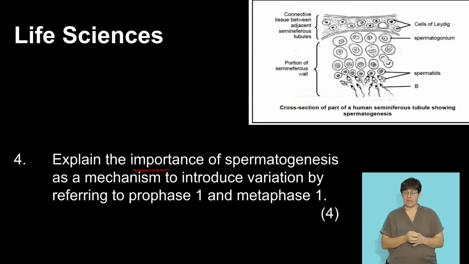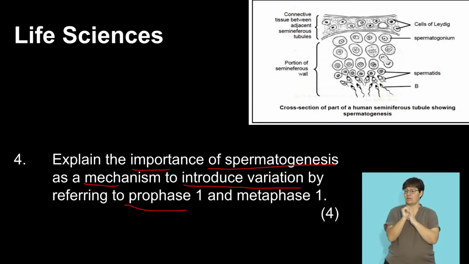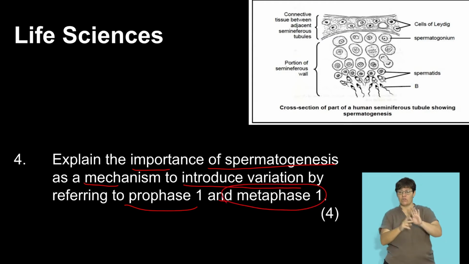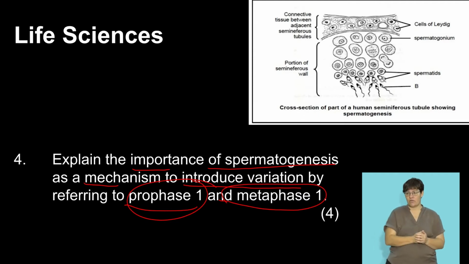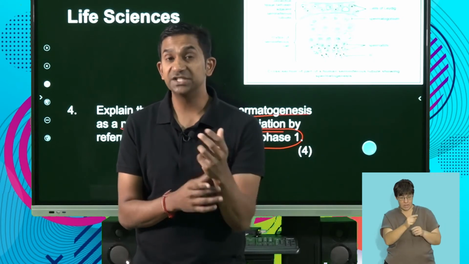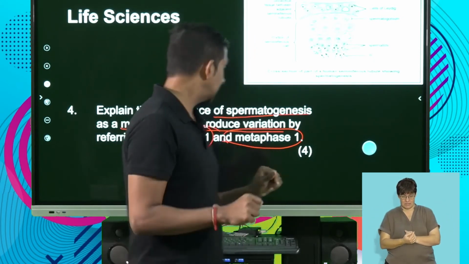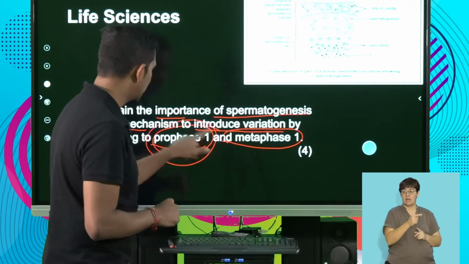Explain the importance of spermatogenesis as a mechanism to introduce variation by referring to prophase 1 and metaphase 1. So guys, in this question here, you've got to refer to meiosis. And if you recollect, in meiosis, there's a lot of variation that is brought about. And that variation happens, as we pointed out, in prophase 1.